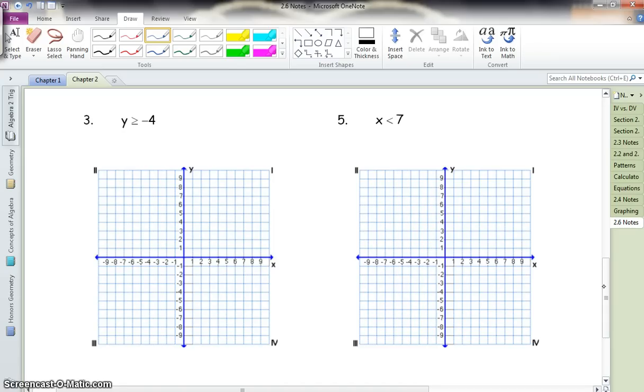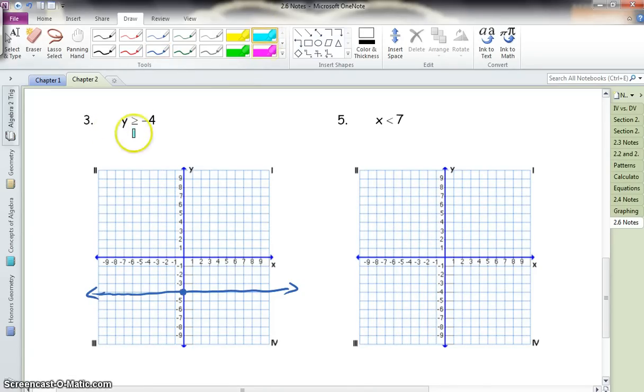Now for two more examples. These are two lines with a zero slope and an undefined slope. So y is greater than or equal to -4. Oh, wrong one. So y is -4, and we know y equals a number is a horizontal line. And I made it solid because we're equal to.